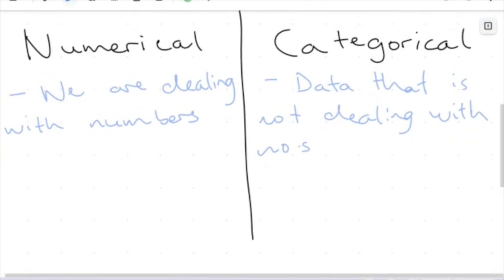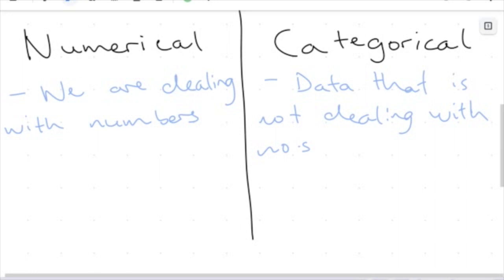So these are the main two types of data. But if we take a closer look at numerical, there are a couple of subcategories we need to consider, and we're going to talk about those now. But so far, this is the main takeaway I want you guys to have. Numerical data deals with numbers, categorical deals with anything that's not numbers.